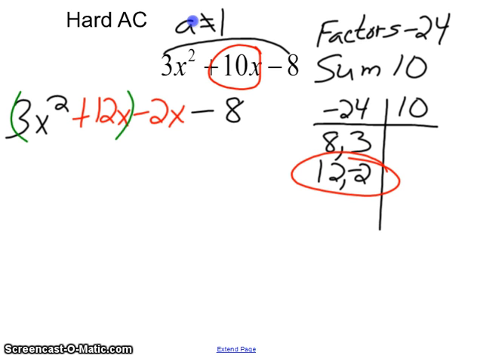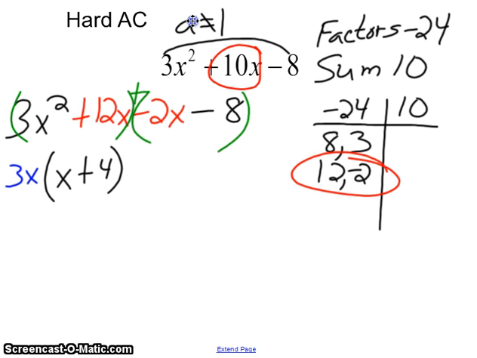I'm going to now group. The GCF of the first group is 3x. 3x to the second divided by 3x is x. 12x divided by 3x is 4. The GCF of the second group is negative 2.